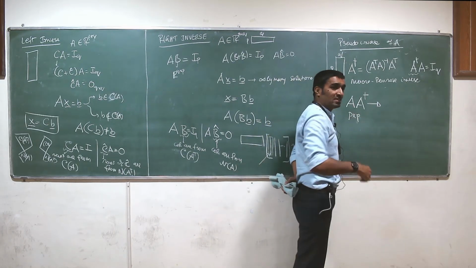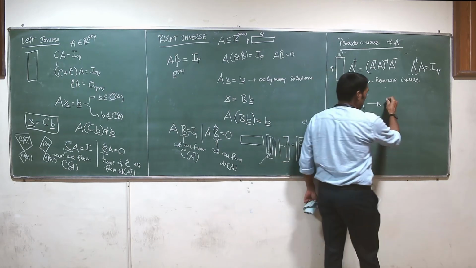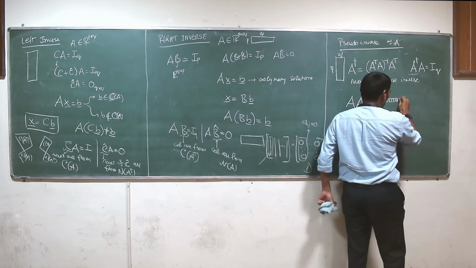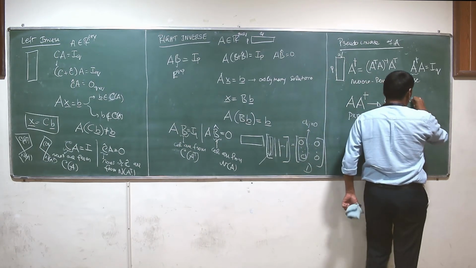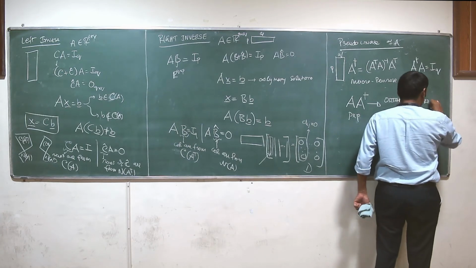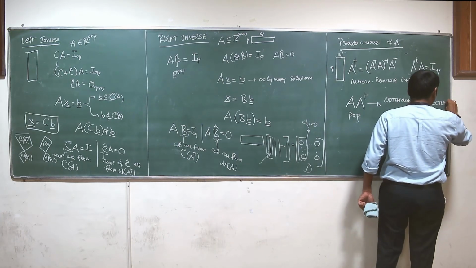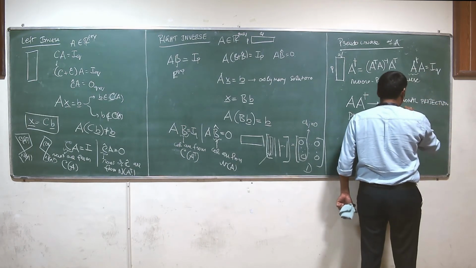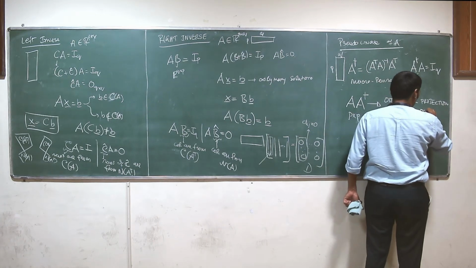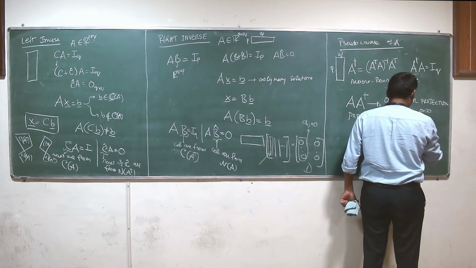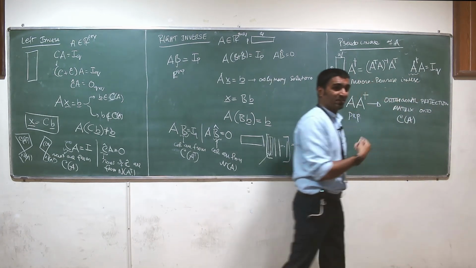This P cross P matrix is a special matrix. This is in fact the orthogonal projection matrix onto the column space of A.